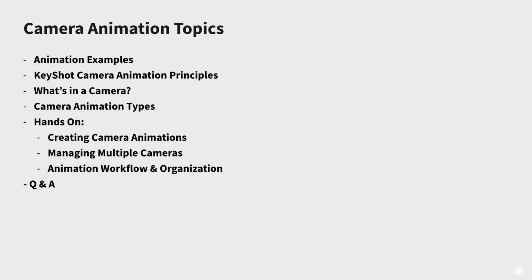Now, before we talk about the actual how-tos of animating a camera, it would only make sense that you understand all of the parameters and settings that we can control within our cameras in KeyShot. So we'll definitely break those down as well. Then we'll take a look at some animation types that you can apply to your cameras. And then when we go into our hands-on portion, we'll follow up with a demo of a lot of these topics that we will talk about during this slideshow. So you will see both the methodology behind it as well as how to implement it in KeyShot.